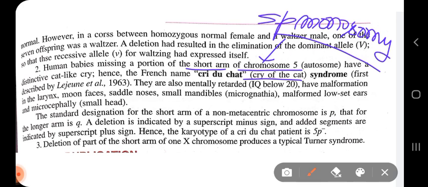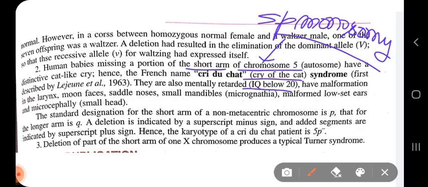Those who are suffering from Cri-du-chat syndrome have conditions like an IQ level below 20. Why their IQ level is below 20 has not been mentioned here.